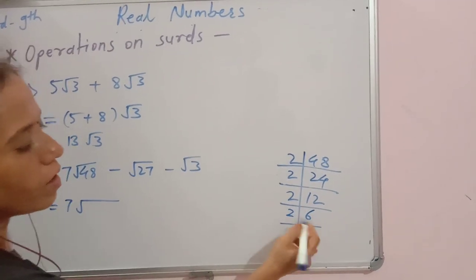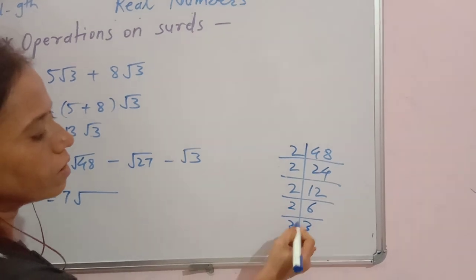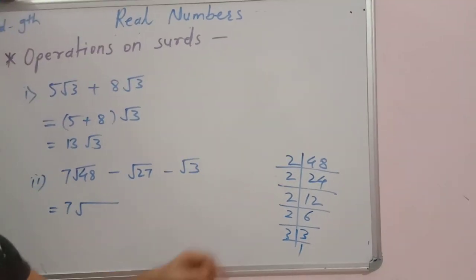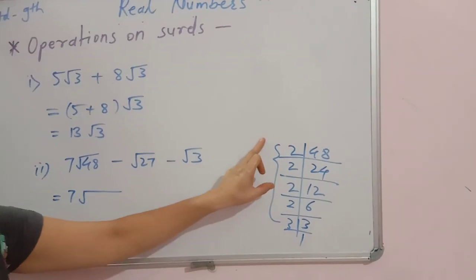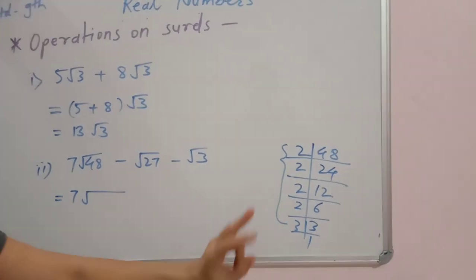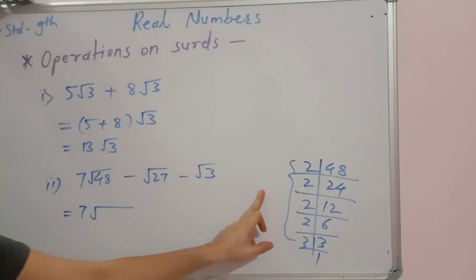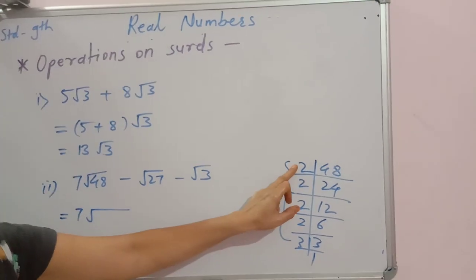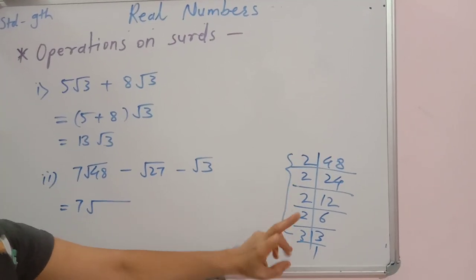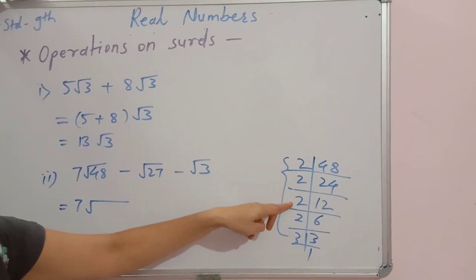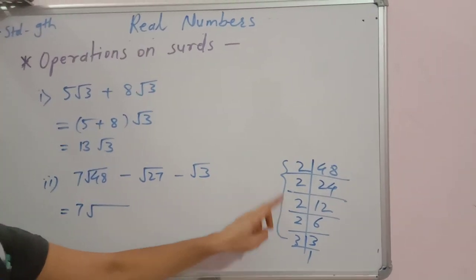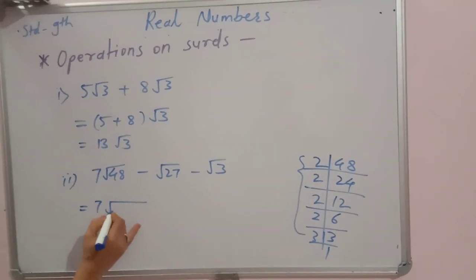Then again the factor of 6 is 2, that is 3. So these are the factors. What we have to find is the product of two factors such that one number is a perfect square. So 2 times 2 is 4, 4 times 2 is 8, and 8 times 2 is 16. That is 16 multiplied by 3.